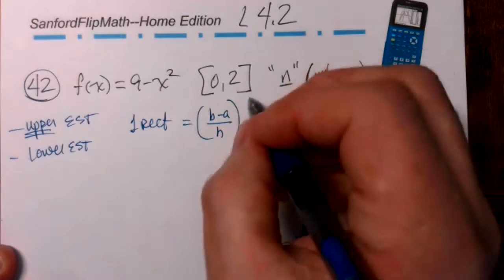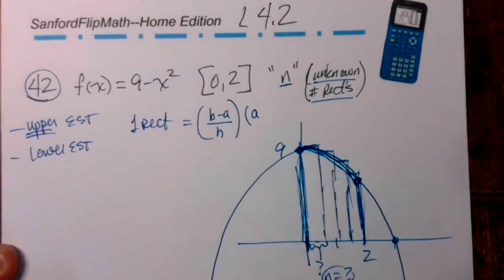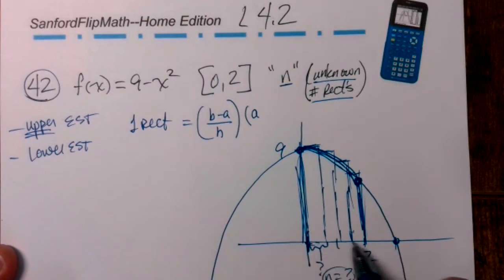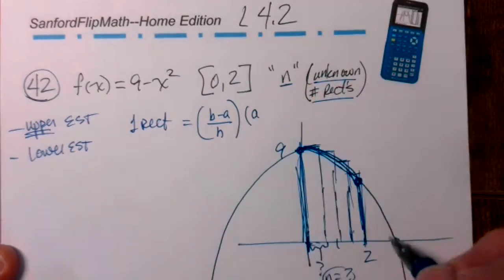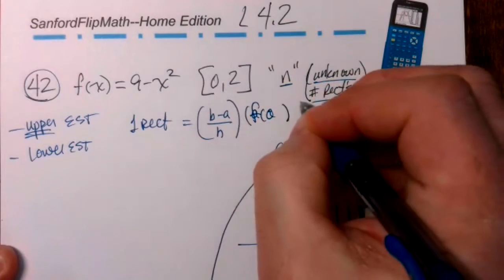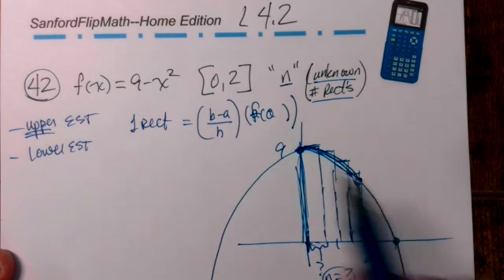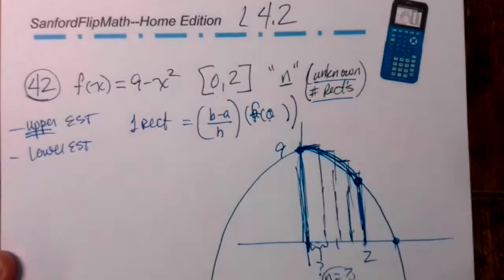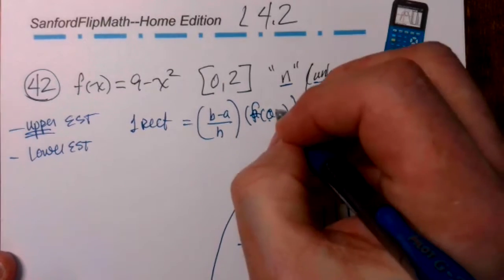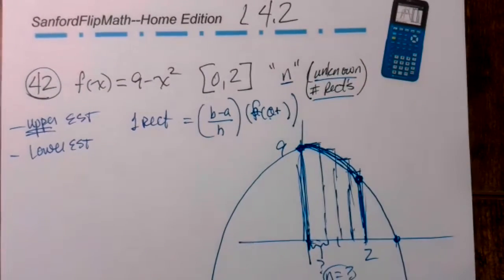So I would say a, and then I need the y value for that a, so I need f of a. This is where the crazy is going to start coming in, and it's going to be better if I have numbers, but this is just for the first rectangle. Then for the next rectangle, I need to add on some.